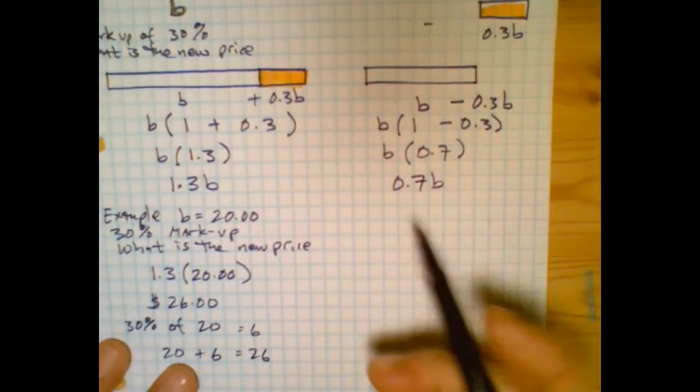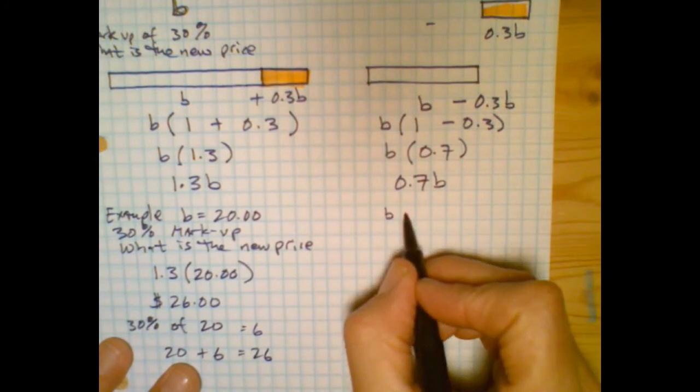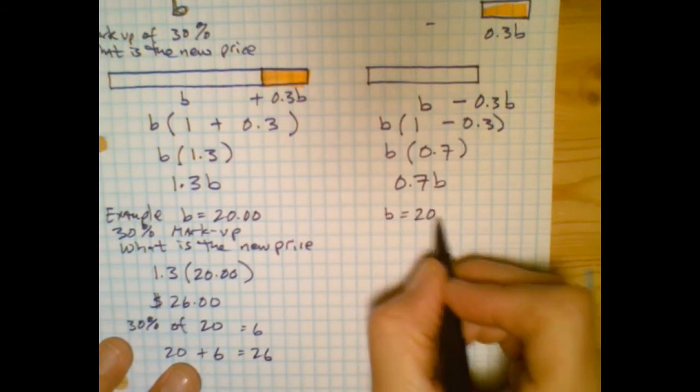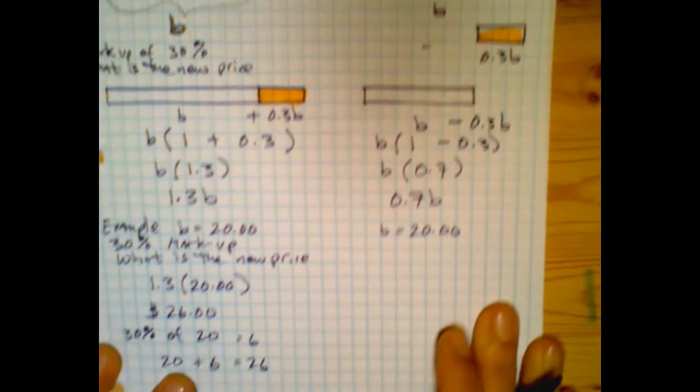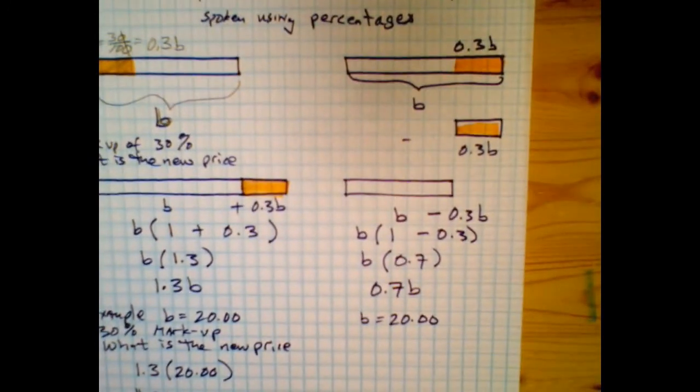If, say, my $20 is the price of my shirt, but I'm going to sell at a discount. It's going on sale. And I have a 30% discount. But I have the same question. What is the new price? So what's the discounted price?